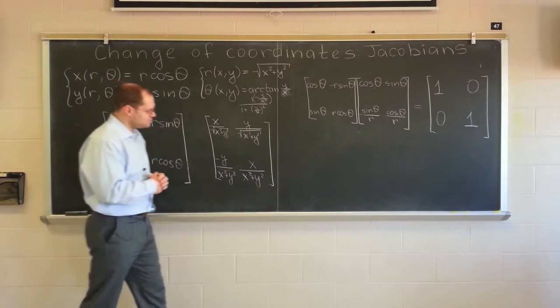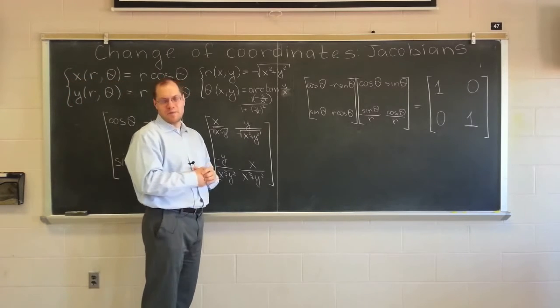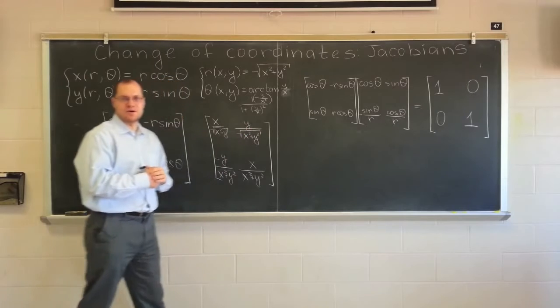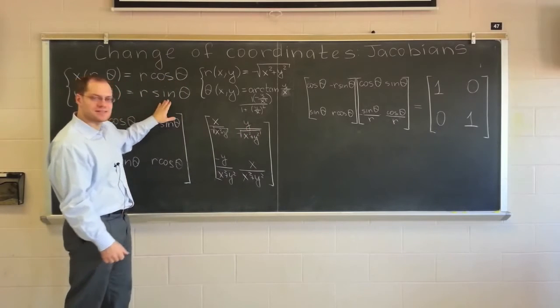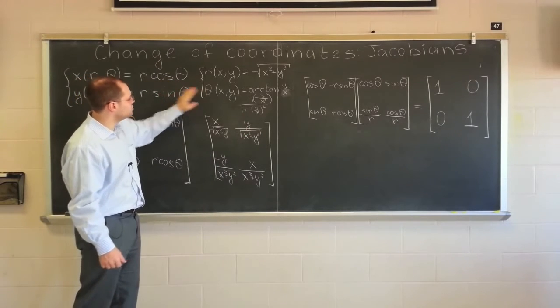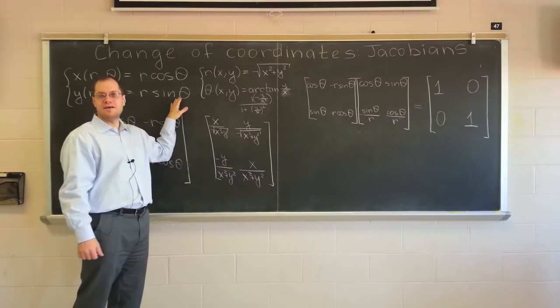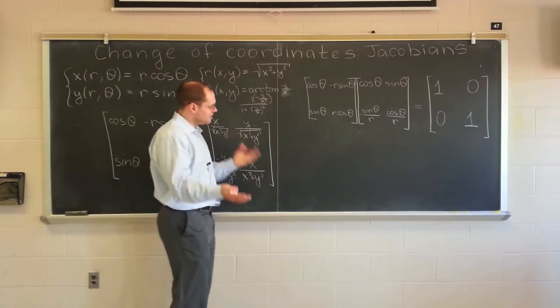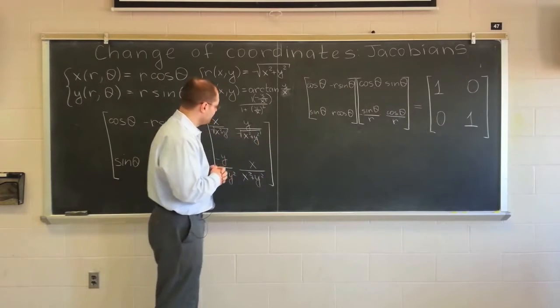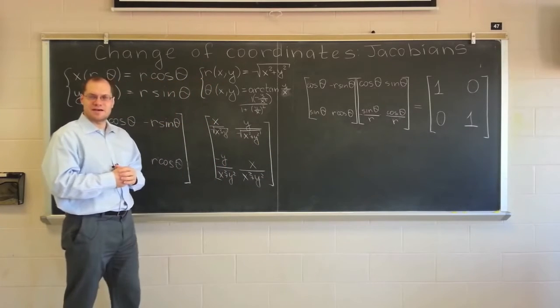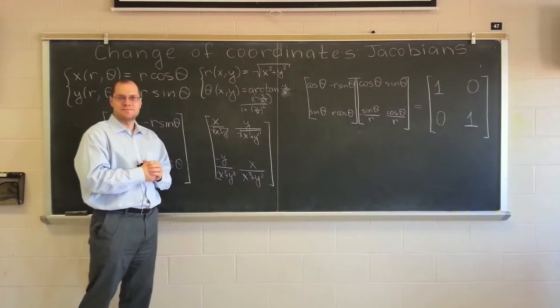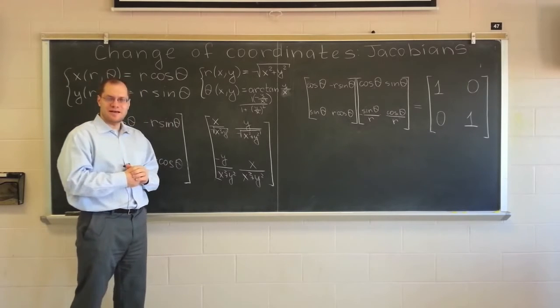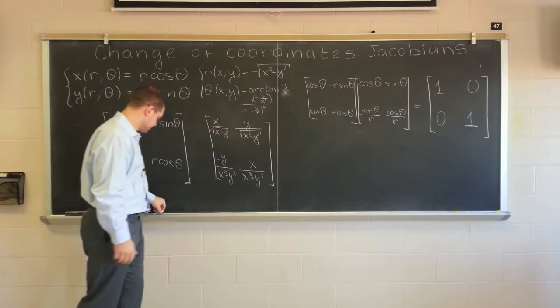Of course, it is somehow a consequence of these two sets of functions being inverses of each other. And like just about everything that's great in life, this result will be obtained by differentiation of an identity. So let me erase the board and see how that goes.